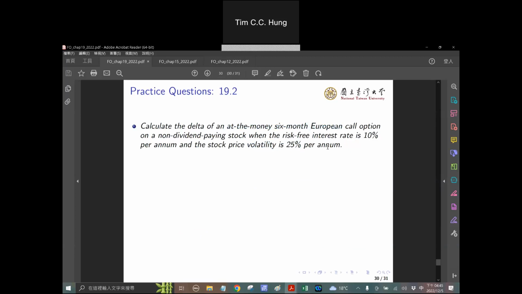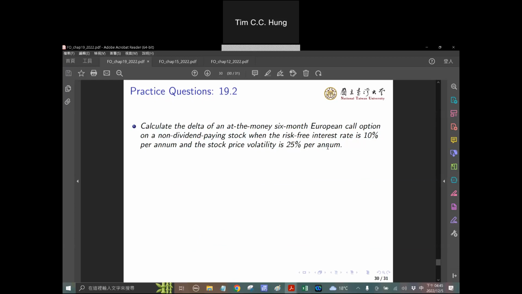So what is the formula for d1 once again? The formula for d1 looks like this. If we have the same value for S0 and K, then this fraction goes to 1. Natural log of 1 is 0, so let's just ignore it.